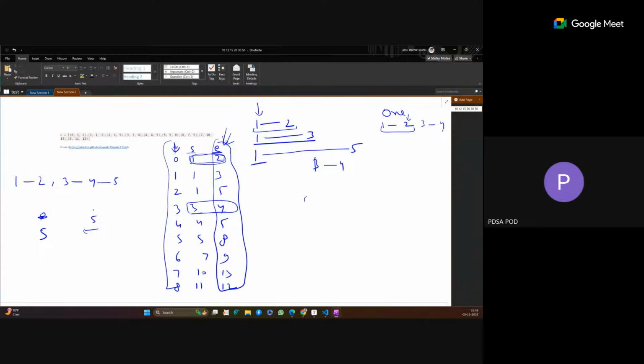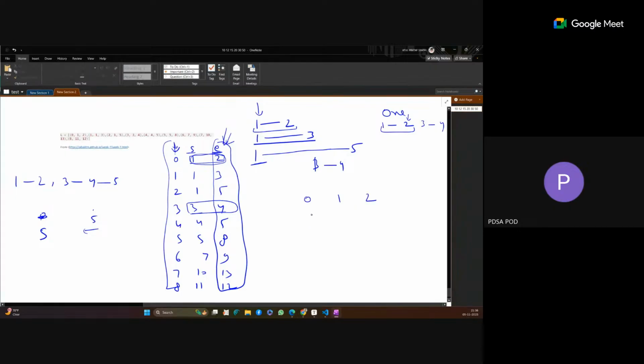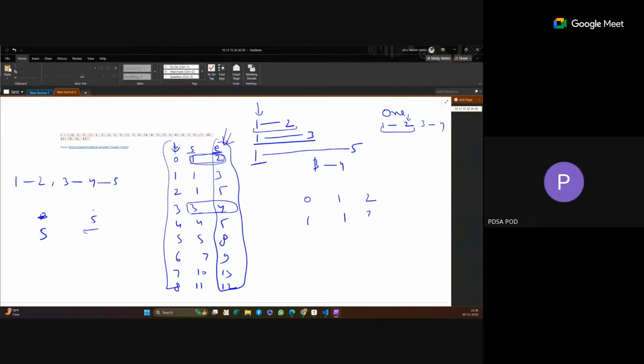So this 0, 1, 2 is first, then the next increasing end time is 3, so 1, 1, 3. But after that we will not pick this 5. The next one is 4, so 3, 3, 4. We arrange our activities based on end time in increasing order.